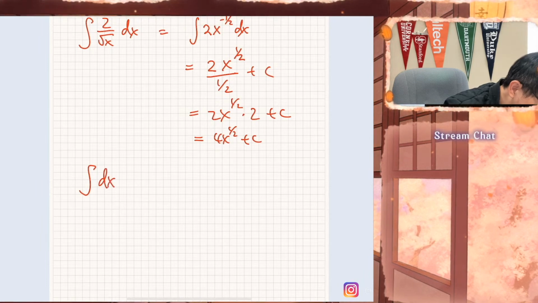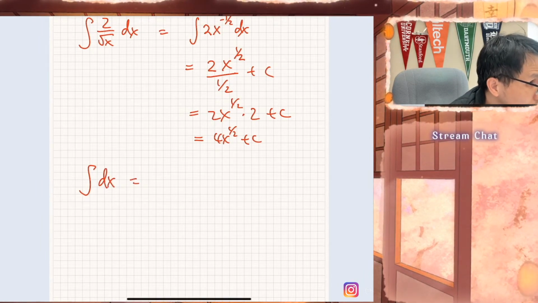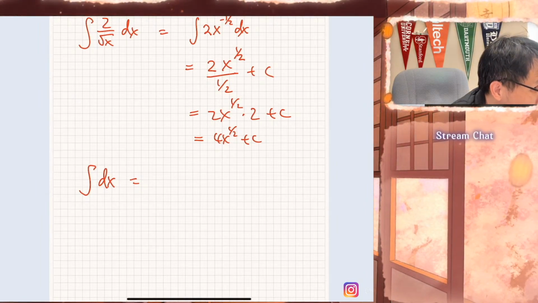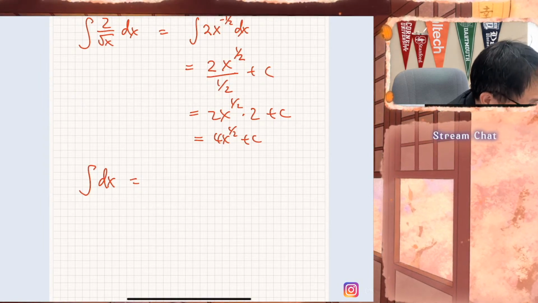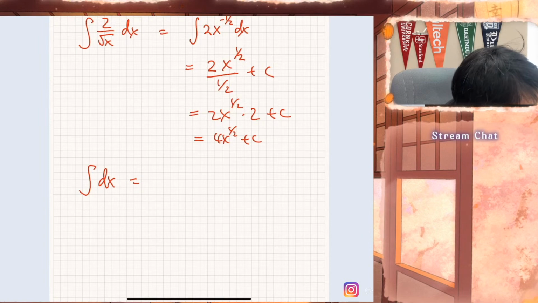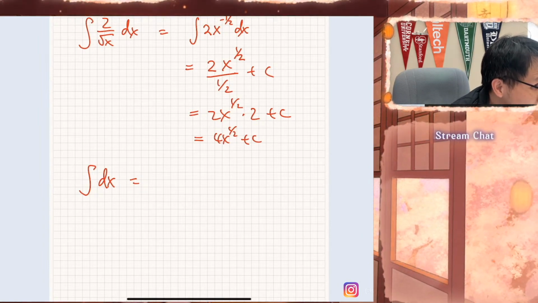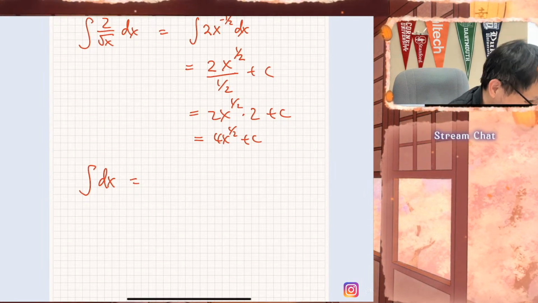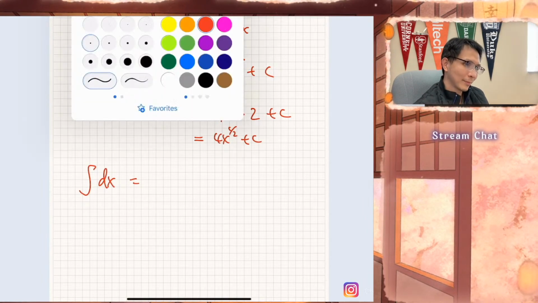What's the integration of dx? It's a very simple question, but it's always confused a lot of people. Is it c? No. 0? No. Nothing? No. F prime of x?